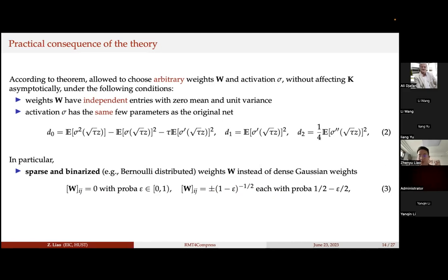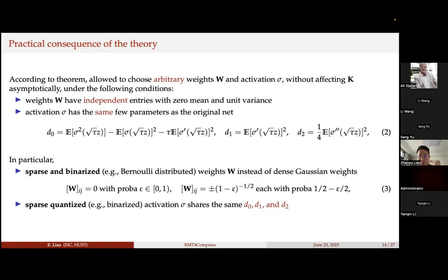This can be computed and stored much more efficiently than dense Gaussian weights. We can also do the same thing for the activation function. We can take the activation function to be sparse and quantized, but without changing the parameters D0, D1, D2 compared to the original neural network that we would like to compare with.